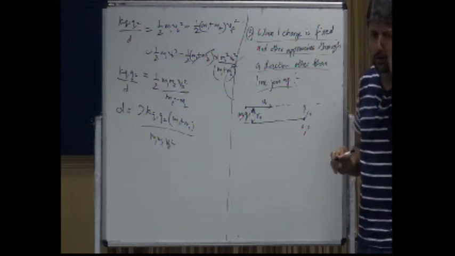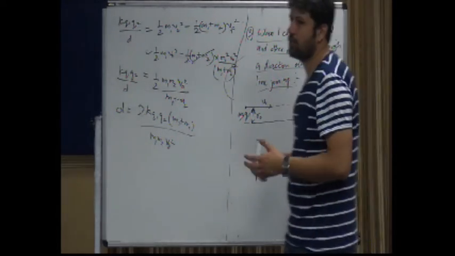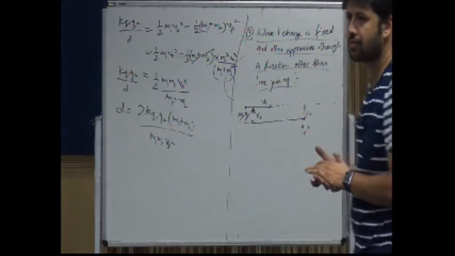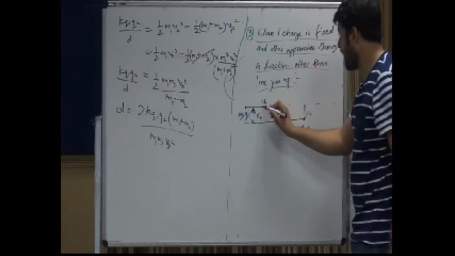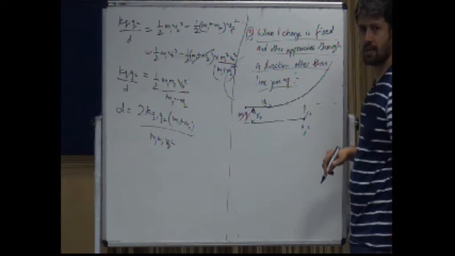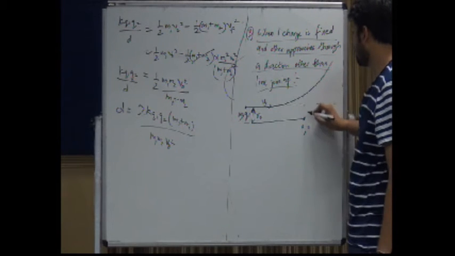What happens in this kind of scenario? This is what happened to all those alpha particles which were deflected through a small angle. As it approaches, it deviates. So in this scenario as well, it is not going to stop.